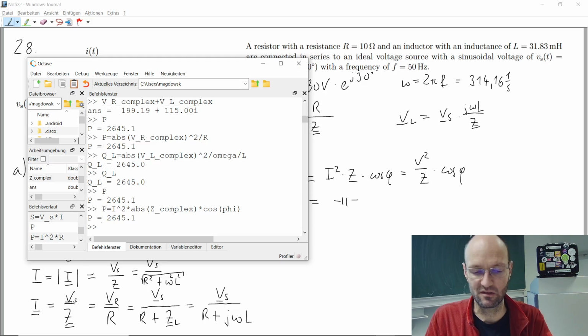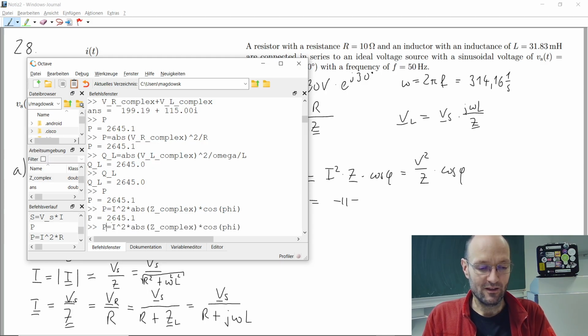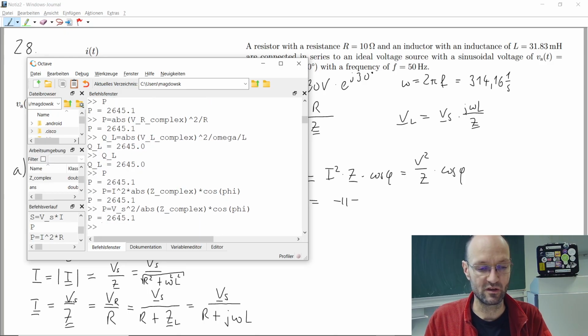And so as you can see, there are many ways to do this. V source squared divided by this impedance multiplied with the cosine of phi also gives us the very same value. Okay.